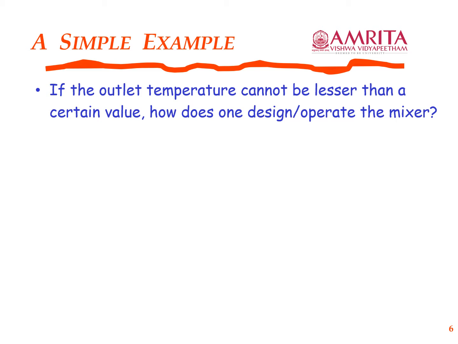Such constraints arise very commonly in chemical engineering problems. One common reason you would see such constraints, especially on temperatures, is because you want to maintain a certain temperature, or at least a certain minimum temperature, in a subsequent unit. For example, it could be in a reactor.